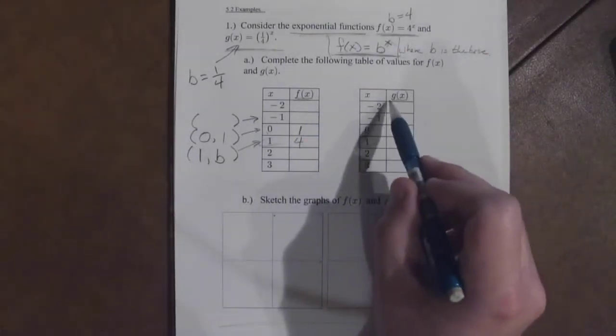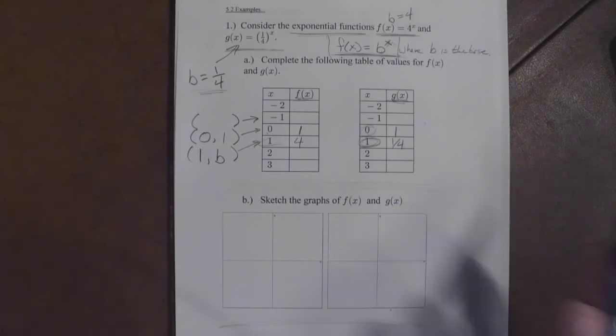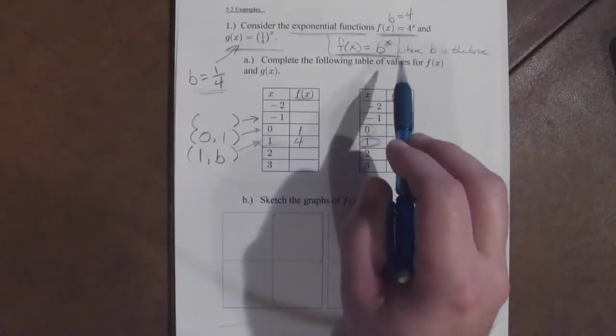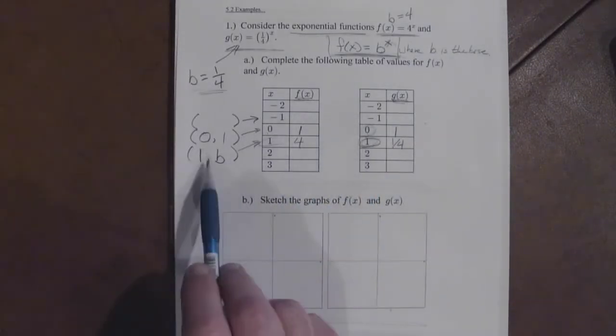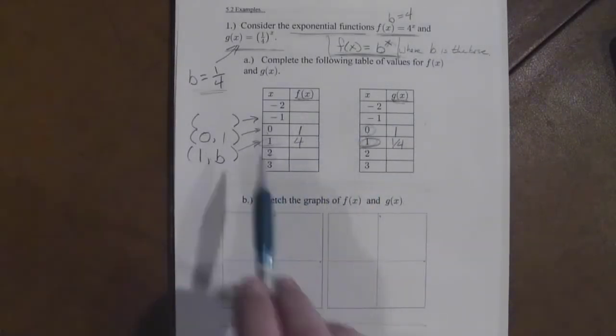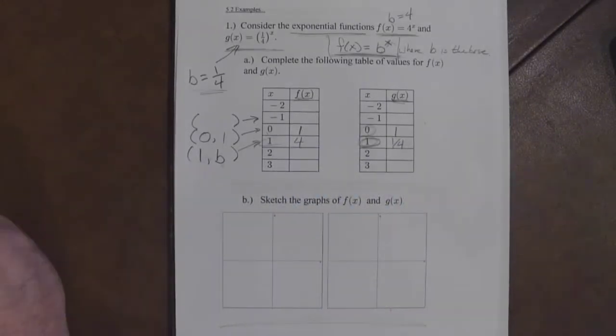And at the case for g of x, whatever our base is, that being the base of 1/4, that would be the output value when we input the value of 1 into our function. Right? In any generic case in the form b to the x power, when that x value is the value of 1, the result will always be the value of b for the output of that function.